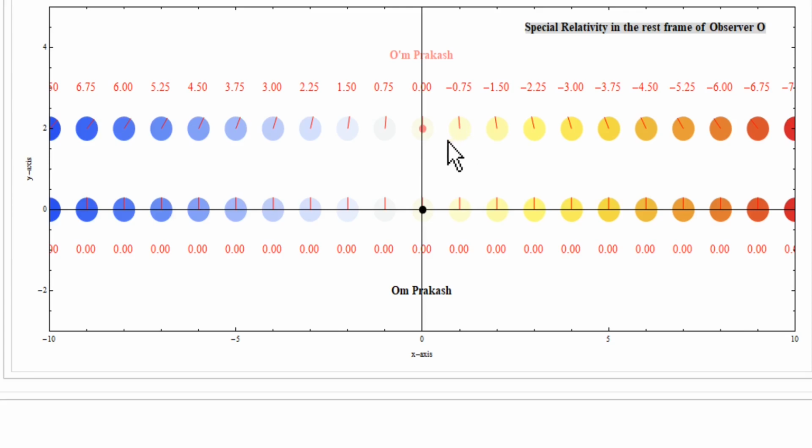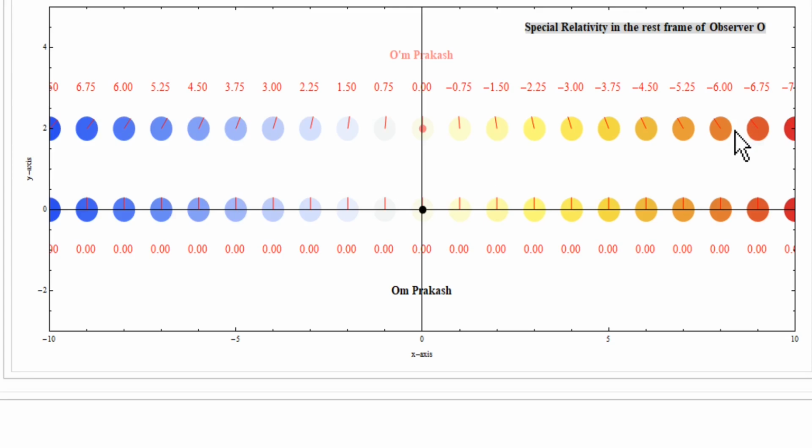By a similar token, the rest frame distance between these two friends on the ground, Om Prakash and his friend over here, is 1 meter in their rest frame. However, the train observers should perceive that the distance between Om Prakash and his friend is less than 1 meter, because this length would appear to be contracted according to the observers on the train.